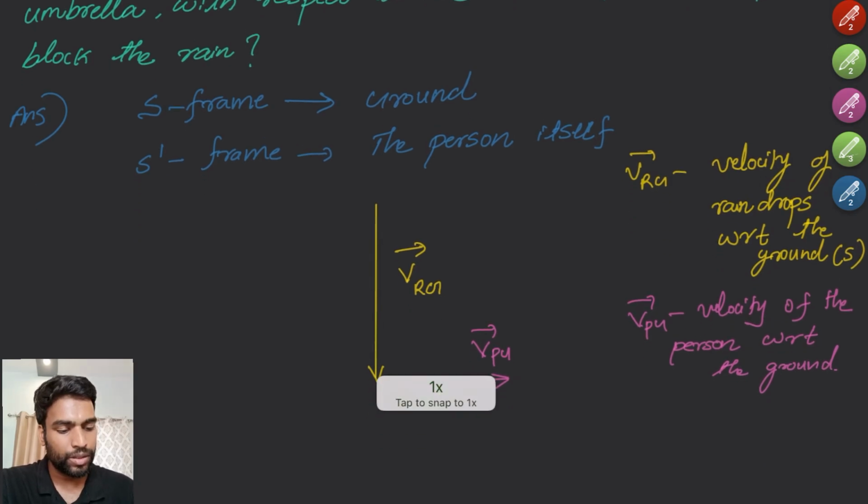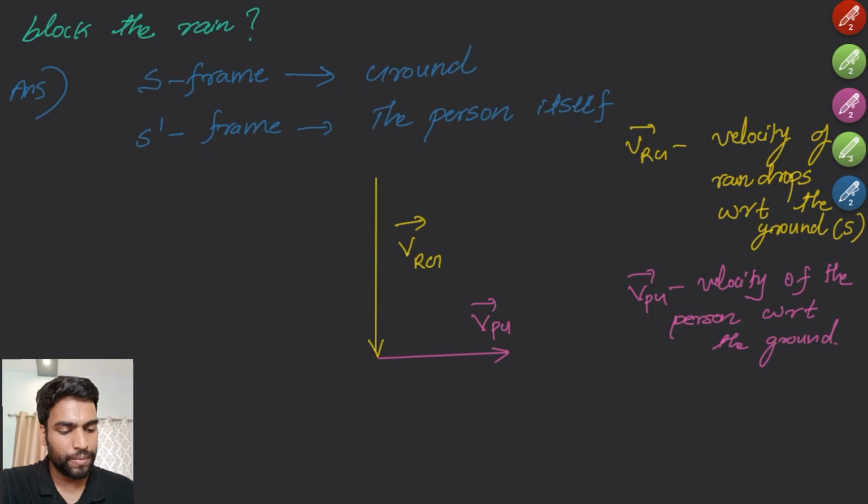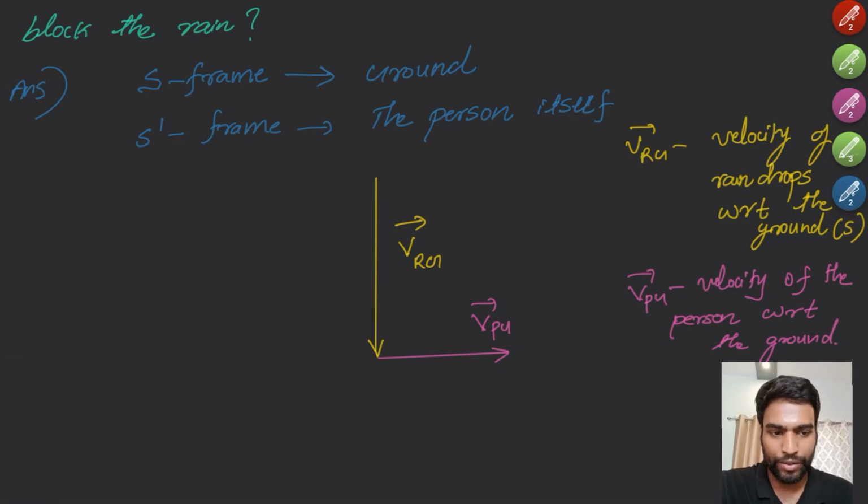Good. Now the person or the S dash frame will measure the speed of the raindrop, and we can call that measured velocity of the raindrop as VRP.